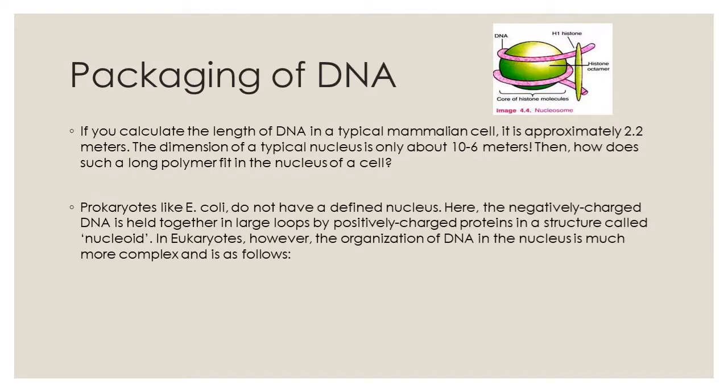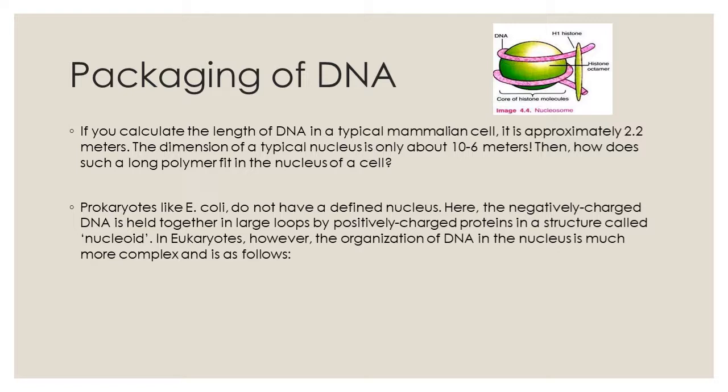How does the packaging of DNA occur? DNA is negatively charged, acidic. Over here, the pink portion in this figure, the round coil, is the DNA, and the big green ball is the histone proteins. Histone proteins are basic in nature and they are in the form of an octamer called histone octamer.